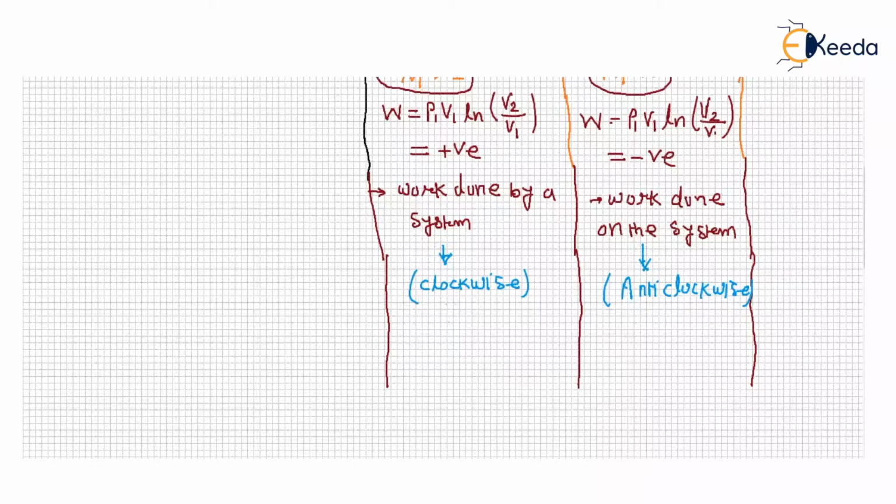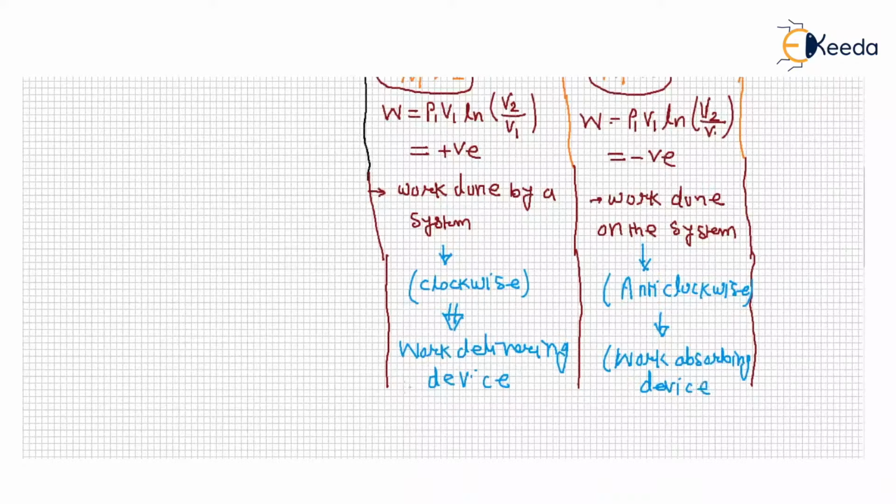So a clockwise process is a work delivering device, and an anti-clockwise direction, the device is a work absorbing device. Okay, now this is clear.